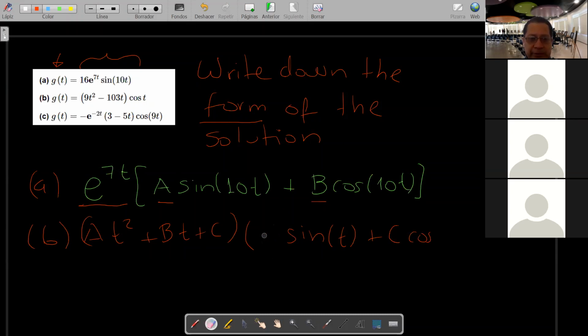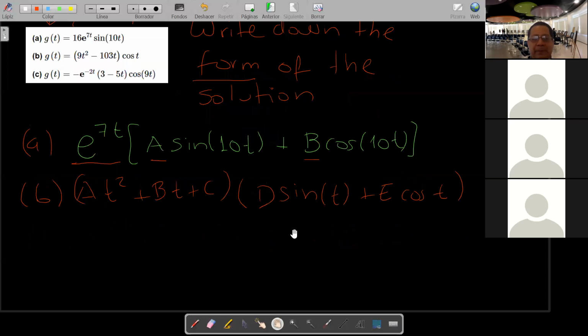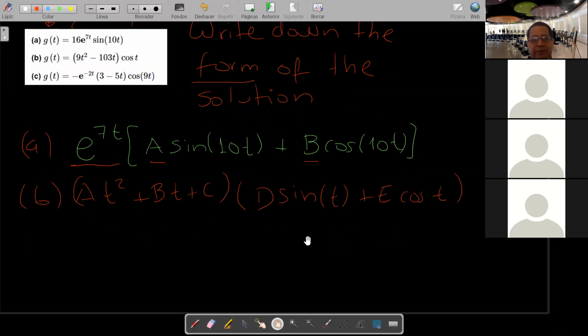This is another coefficient, and then we need to use d, and e over here. And then we have 5 coefficients, right? Yes.